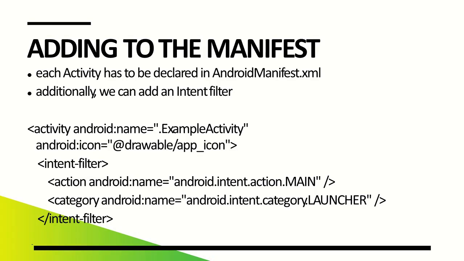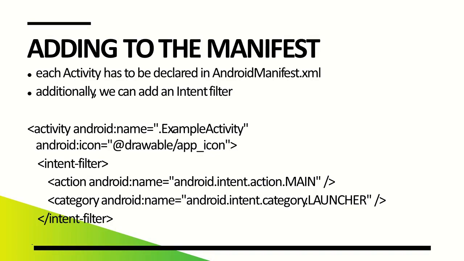Each of our activities may have its own icon. We also may specify an intent filter. It doesn't have to be an intent which includes the action name in the launcher category. It may also include the information that our activity should be informed if any other action occurs.